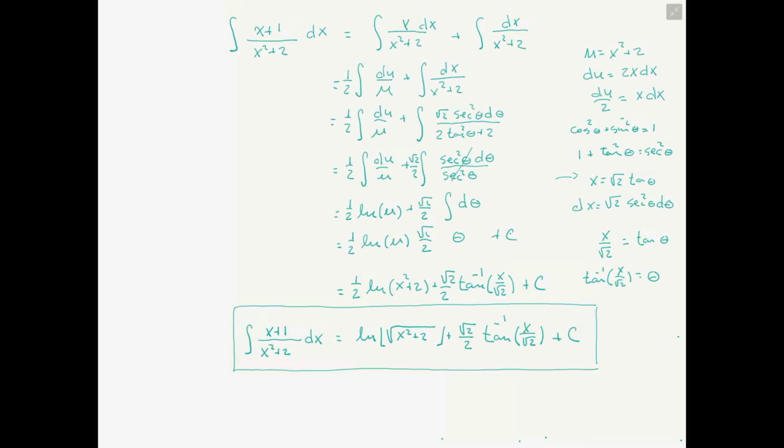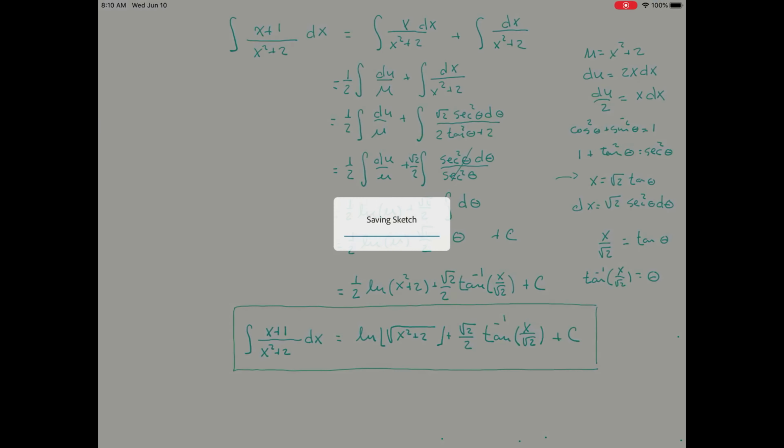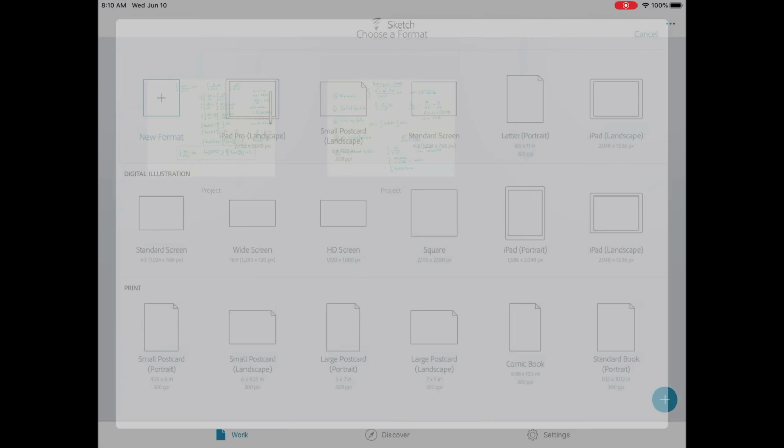Now, we use two different techniques in solving this integral. We use the u substitution for the first integral, and we use the trigonometric substitution for the second integral.